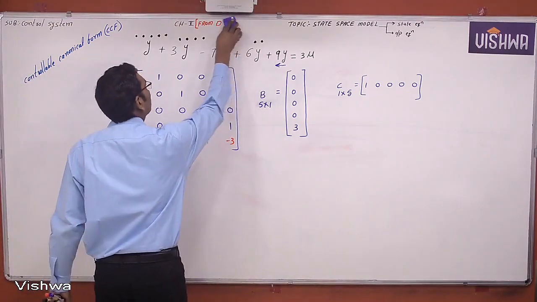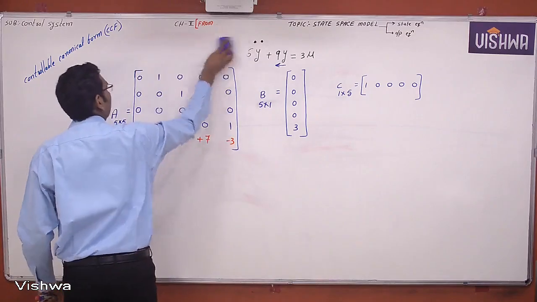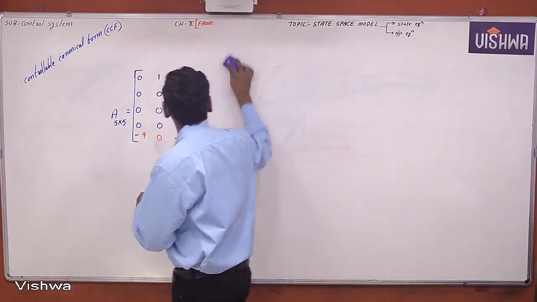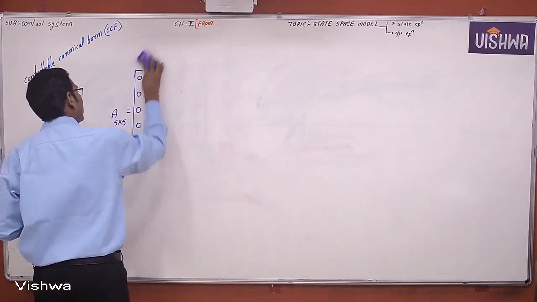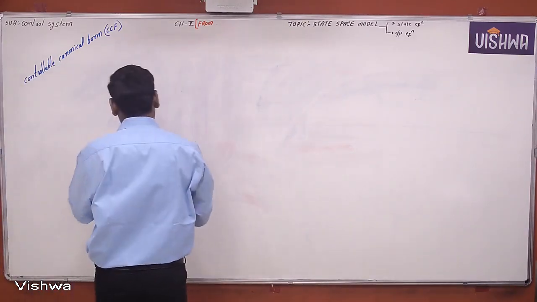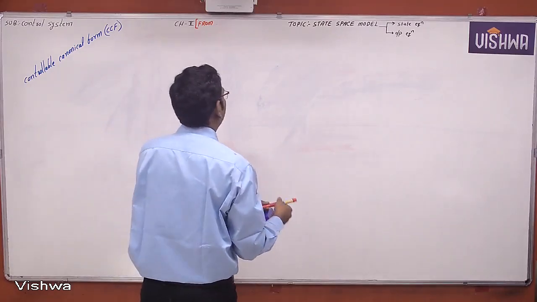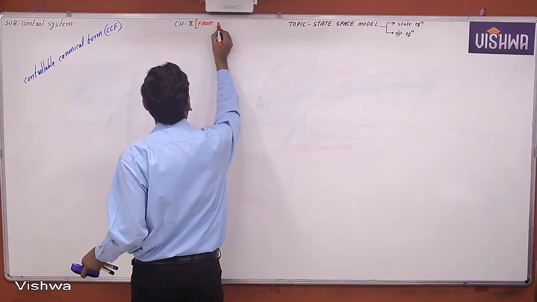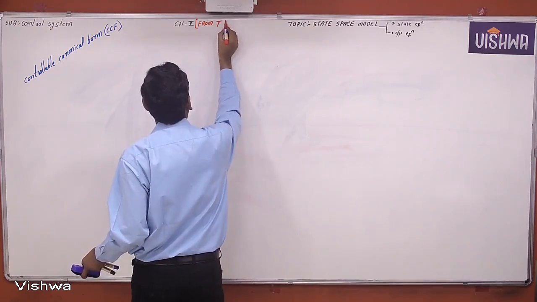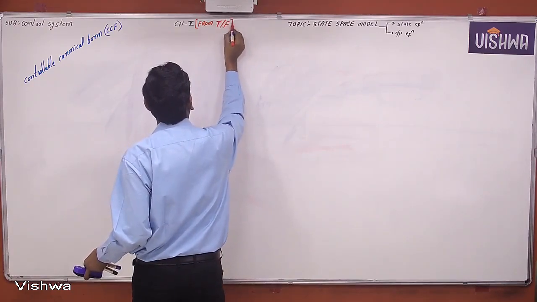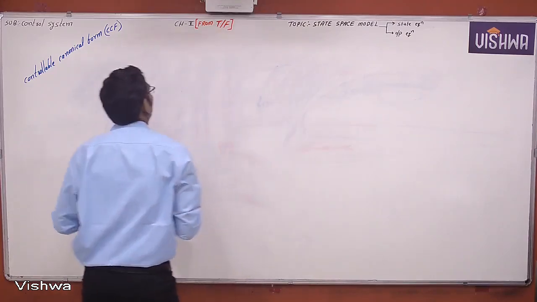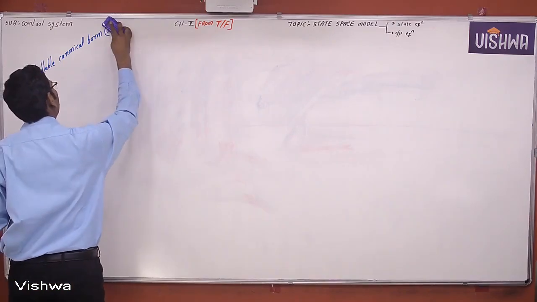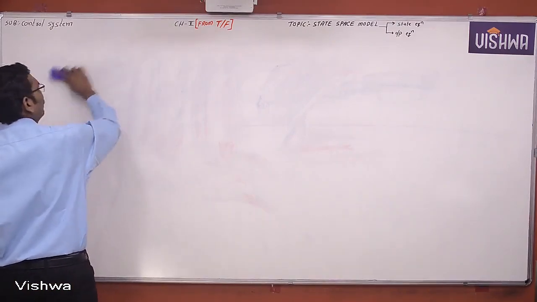Okay, now we'll go for the next concept, how to get the state space model from the transfer function. How to get the state space model from the transfer function means finding the state equation and finding the output equation.